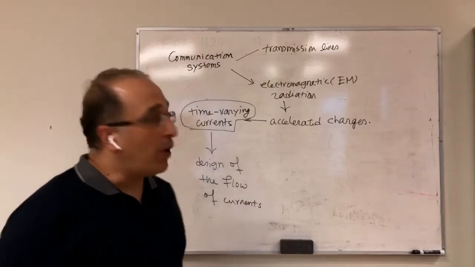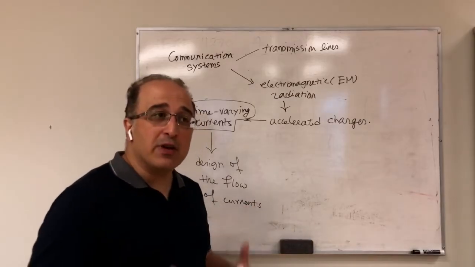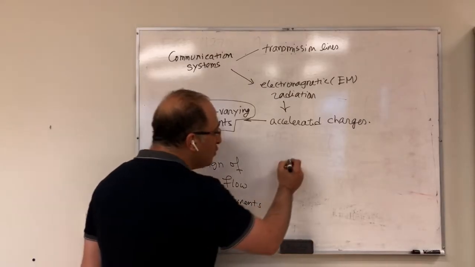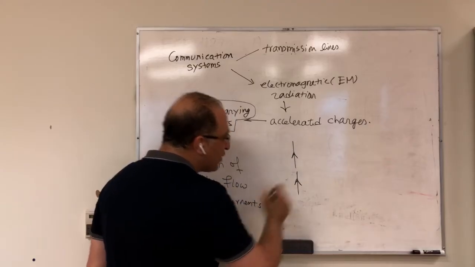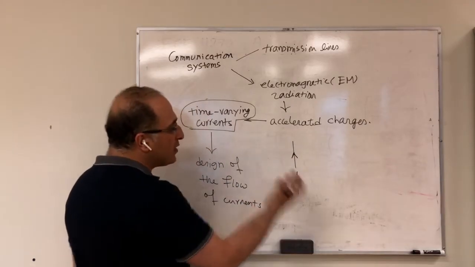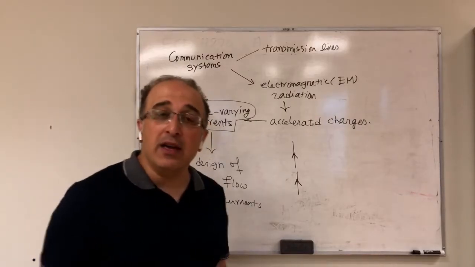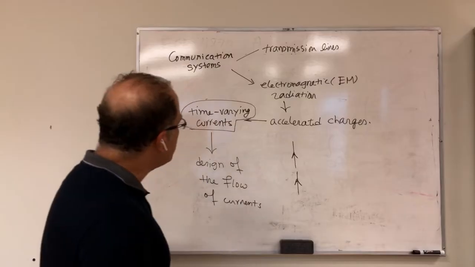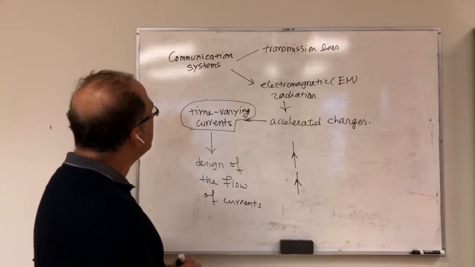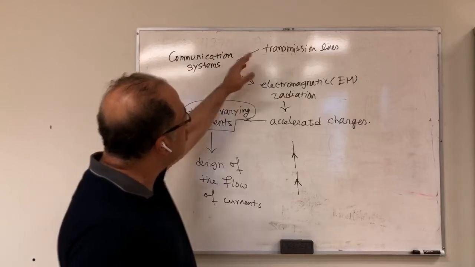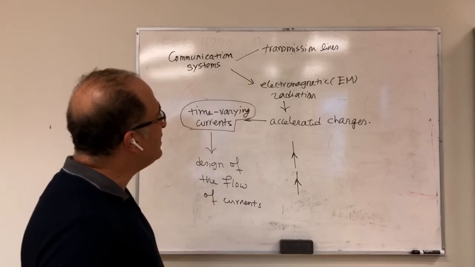So you might say, for example, for a certain radiation, you need two pieces of current that look like that. Now, what kind of structure can give you something like this? That would be our discussion. So that's a little bit of introduction to communication systems, transmission lines, and electromagnetic radiation.